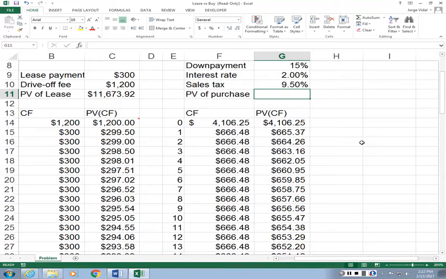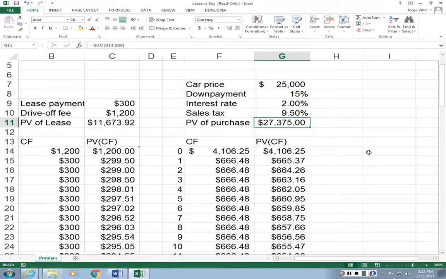So now we can do what to find the present value? Sum all of them. So which one is the better option? Based on the numbers I have.